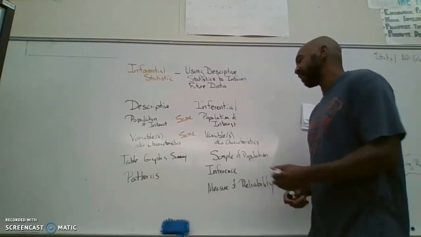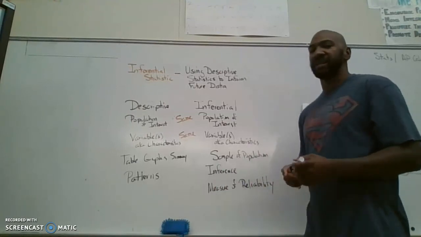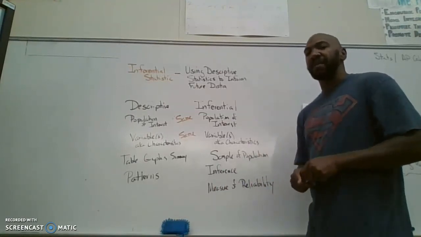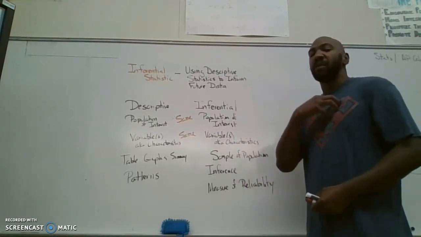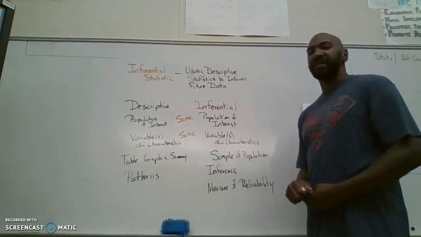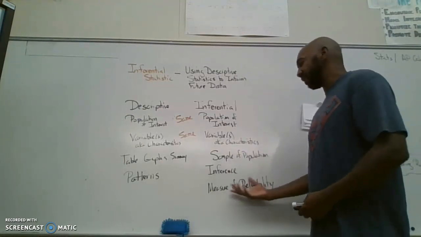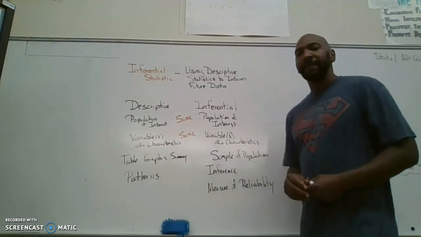That's the point here: I need to have a measure of reliability attached to my inferential statistic. That doesn't mean that you see it, that means for me, the person who's doing the statistics, I need to know how reliable my data is. And then I can improve it by doing something or making an adjustment. Okay? That's all.